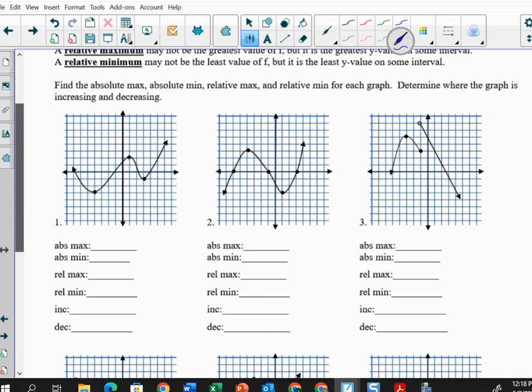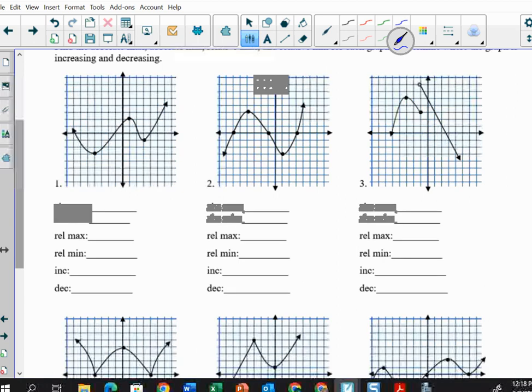Yeah. All right, so let's do number 1 together. Is there an absolute max in this one? Yes. No. With an absolute minimum. Okay, so is there an absolute maximum? Okay, is infinity a defined number? I guess not. It is not. So we would say none, or you can just draw a line through it.